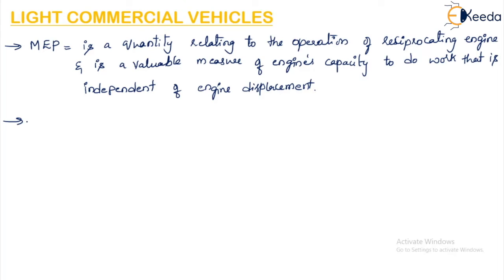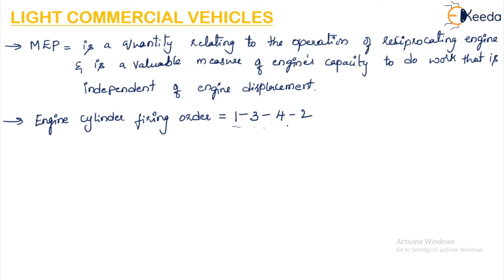Then next, the engine cylinder firing order. How the cylinders are fired one after the other. What is the order in which they are fired? That order is 1, 3, 4 and 2, which means the first cylinder is fired first, the third cylinder is fired next, then the fourth cylinder, then lastly the second cylinder will be fired.